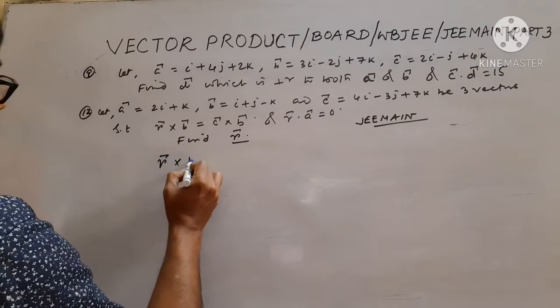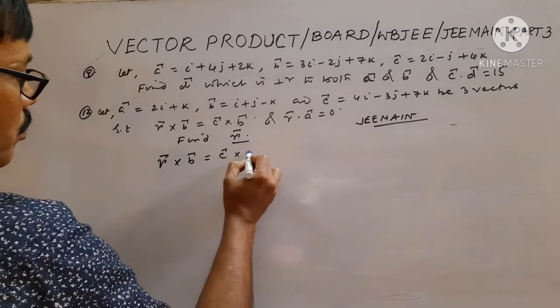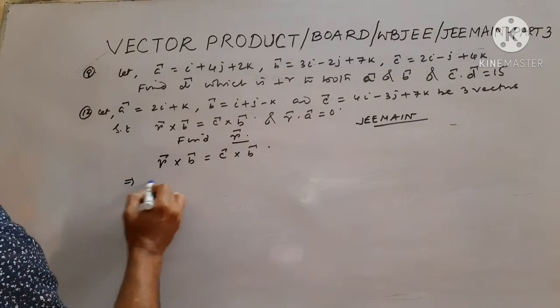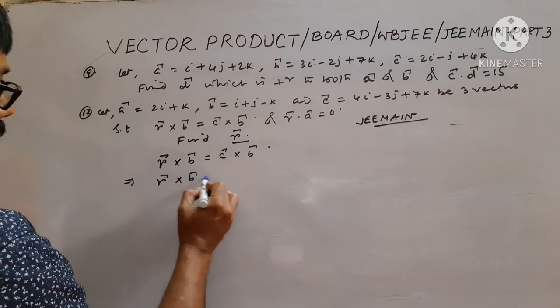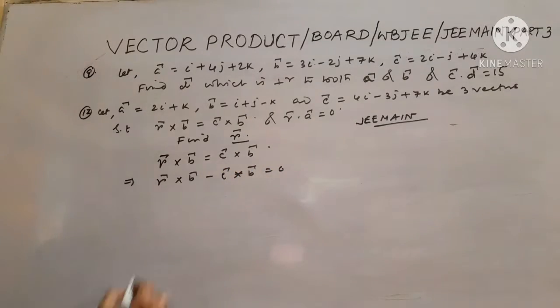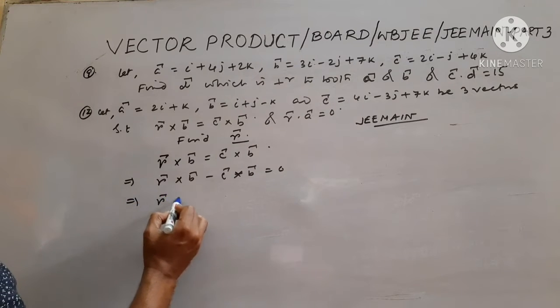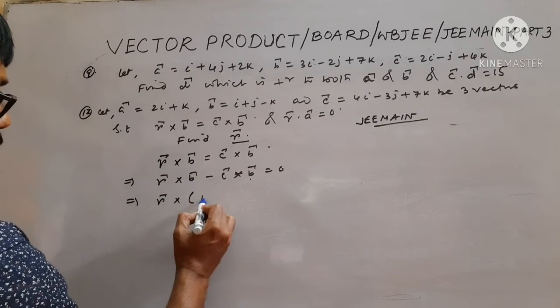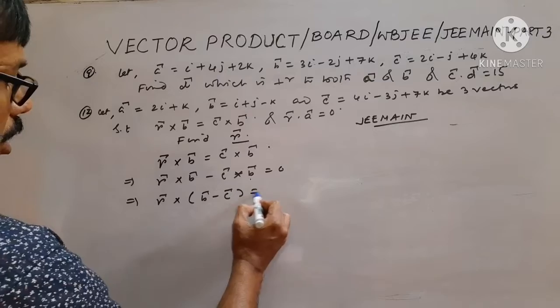So, r cross B equals C cross B. So this implies r cross B minus C cross B equals 0. So, cross product is distributive.